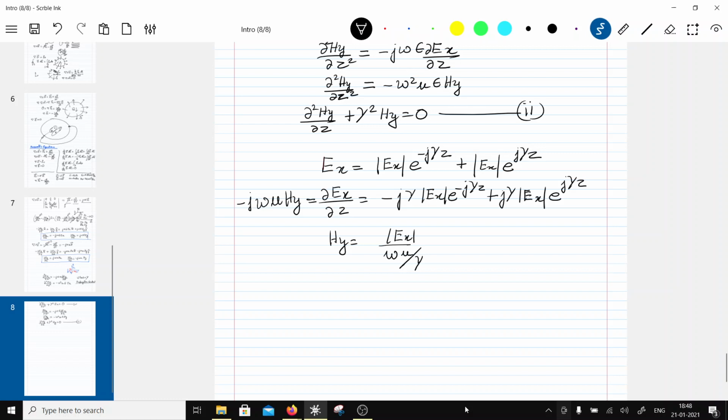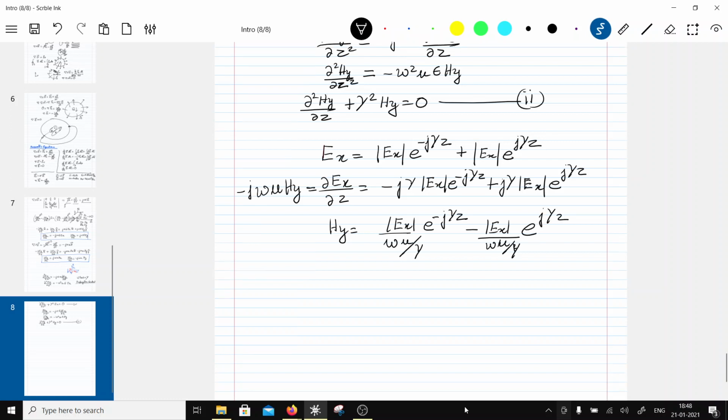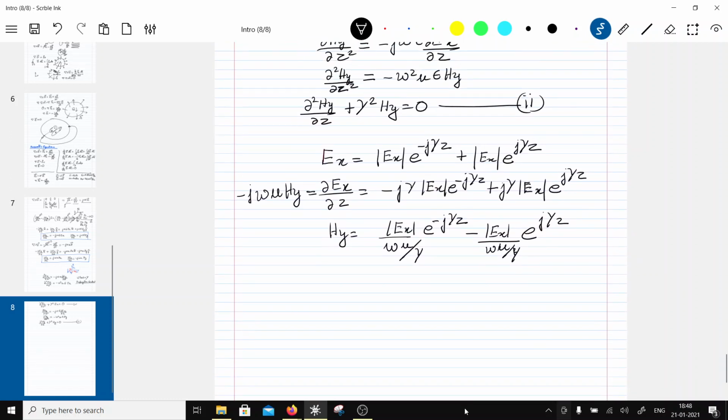Ex e raised to minus j gamma z, minus Ex divided by j, cancel, right? And you will have omega mu by gamma e raised to j gamma z.